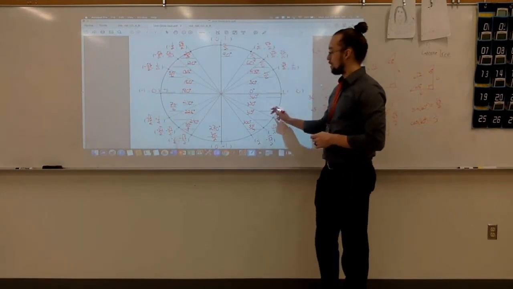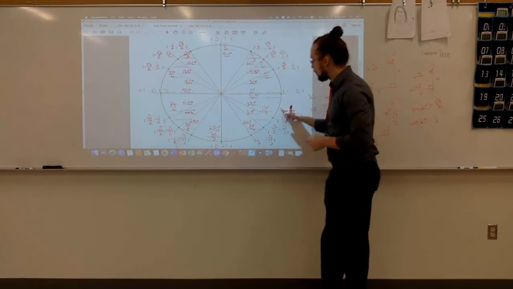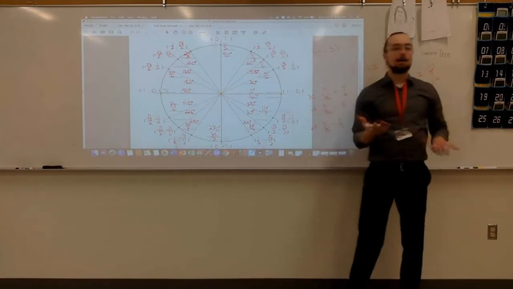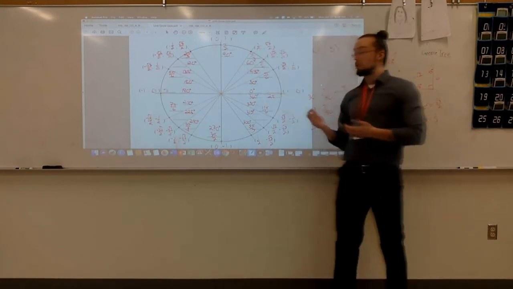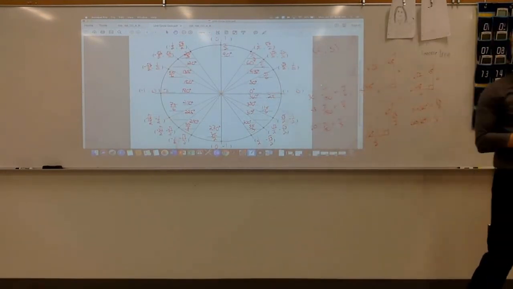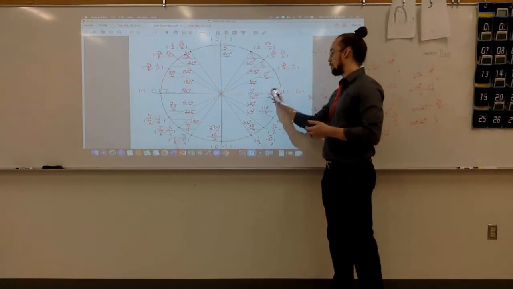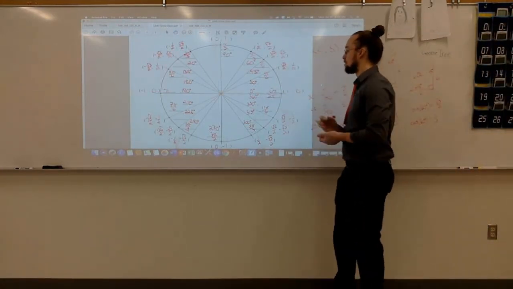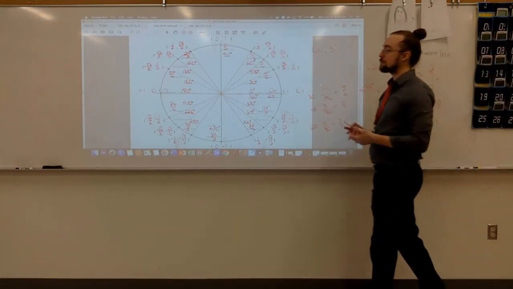Another 30 would be 11 pi over 6. And then another 30 would be 12 pi over 6, or 2 pi. We talked about the number of radians in a circle being 2 pi, so that should make sense. We could also say this is 0 pi. We're starting and ending in the same spot.